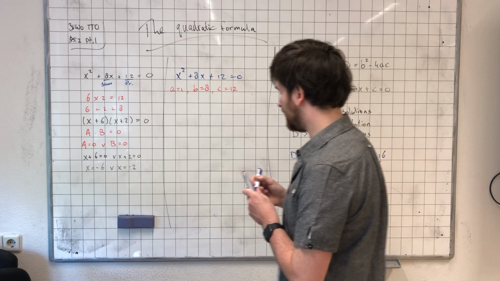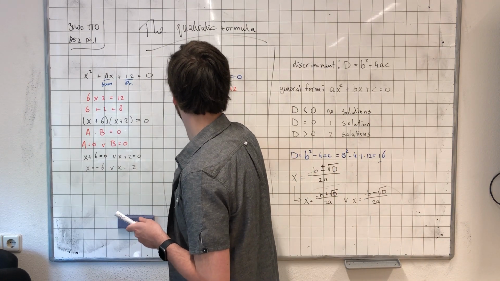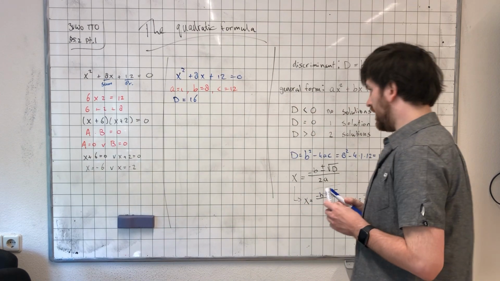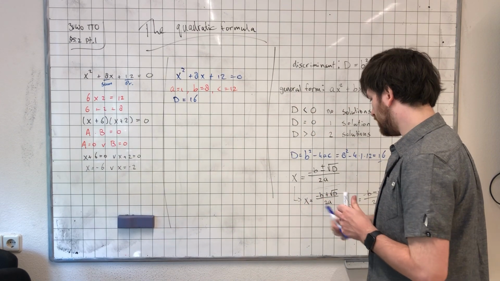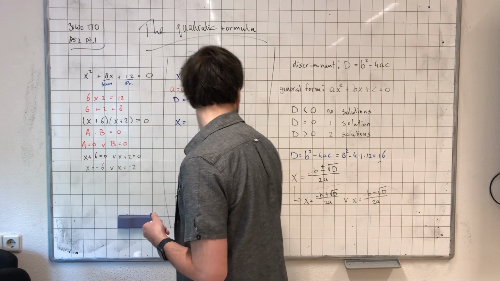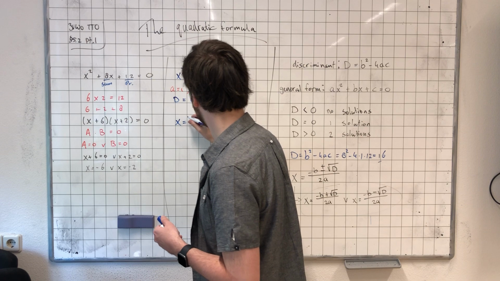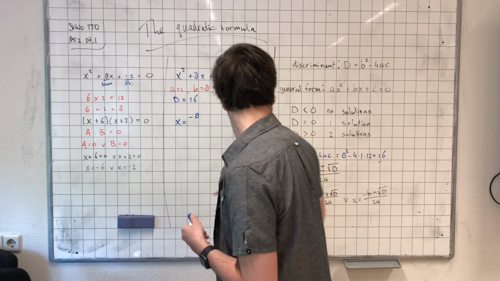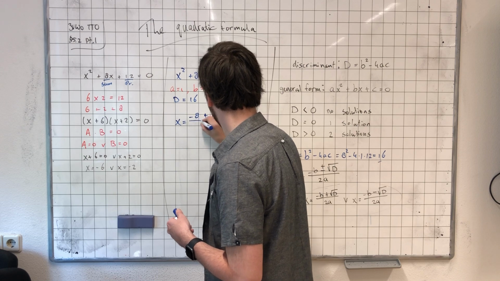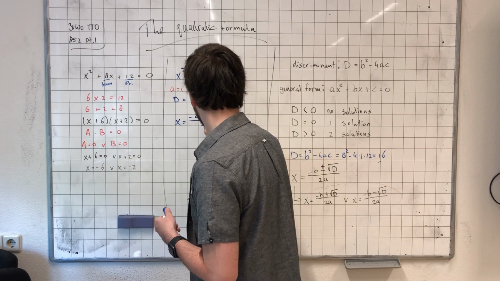We already calculated the discriminant, so I'm not going to do that again. And now I'm going to use these two formulas. So let's start with the first one. Then x should be equal to minus b, which is in this case minus 8, plus the square root of 16, divided by 2 times 1.